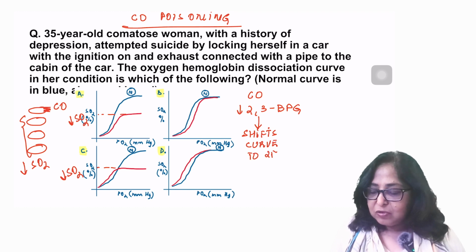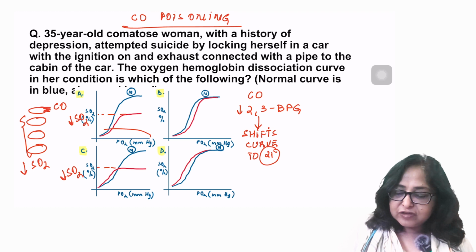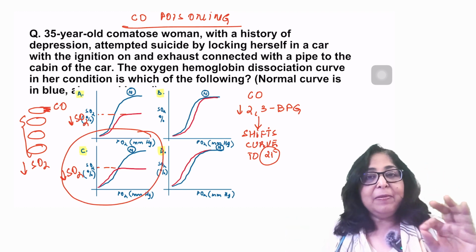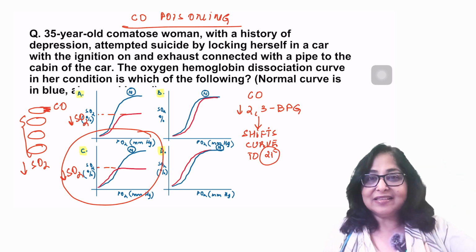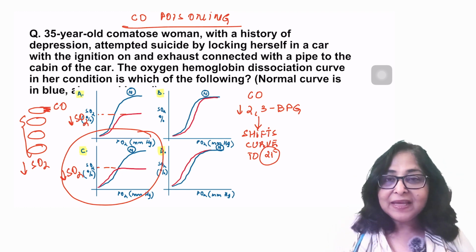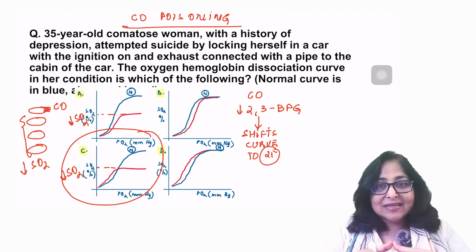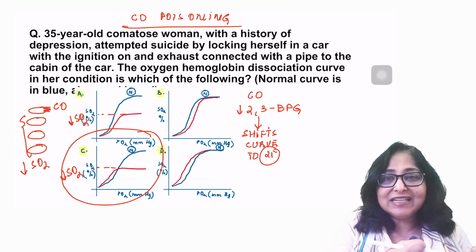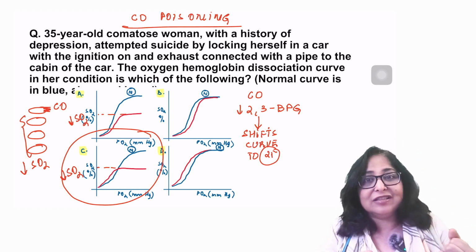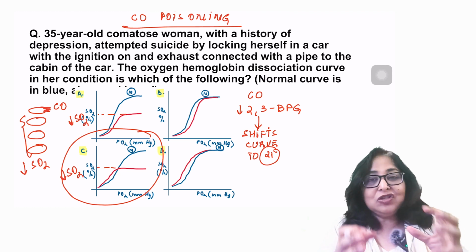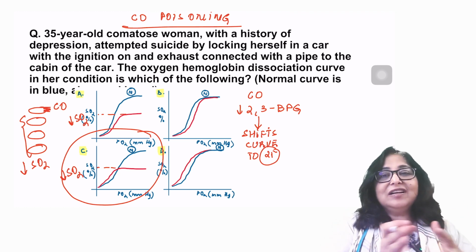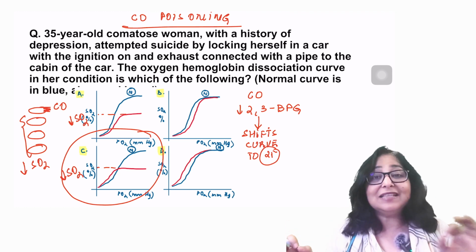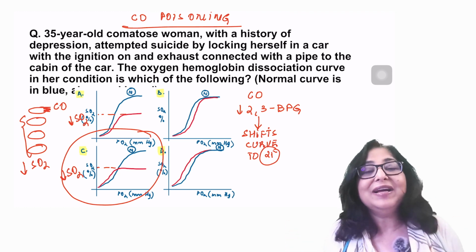So the oxygen hemoglobin dissociation curve will be shifted to the left, and my answer is going to be C. Carbon monoxide poisoning is not only decreasing the saturation of hemoglobin with oxygen, but whatever oxygen is present will also be tightly bound. Remember, left shift means more affinity of the hemoglobin for oxygen. So the curve is shifted to the left, and my answer becomes C. That is why carbon monoxide poisoning is so dangerous.